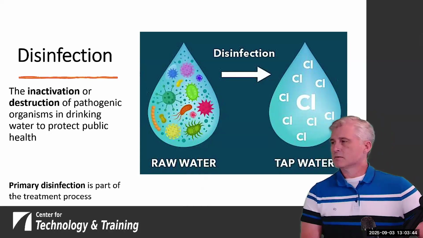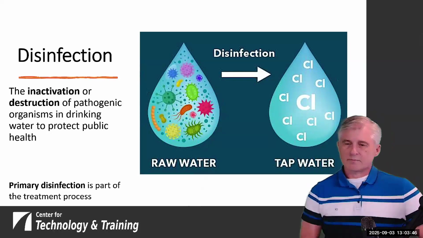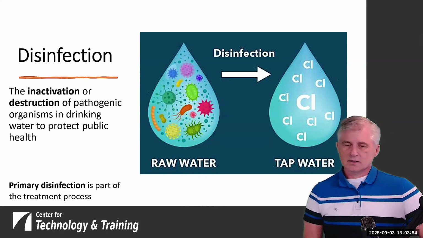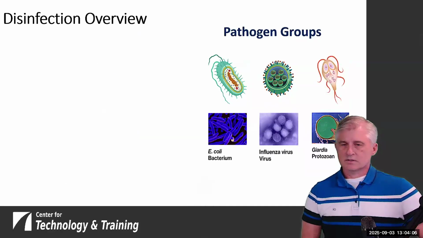Disinfection is one of the primary treatment processes. If a system is going to do any sort of treatment, disinfection will be part of that. Groundwater systems, the minimal thing that they would do would be disinfection, even if they don't do anything else. So surface water is required to do disinfection.